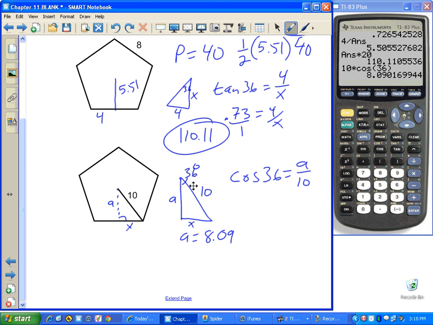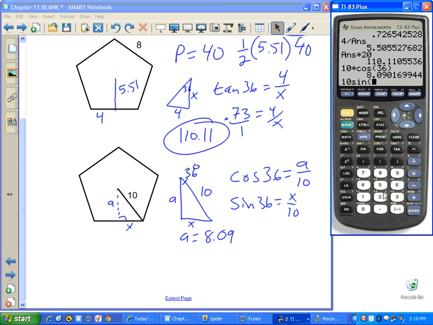If I'm looking for x, I'm doing opposite and hypotenuse, so that's sine of 36 equals x over 10. So if I take 10 times the sine of 36, I get 5.88. And that's half of a side. So if I double that, and then multiply it by how many sides I have, I've got my perimeter, 58.78.